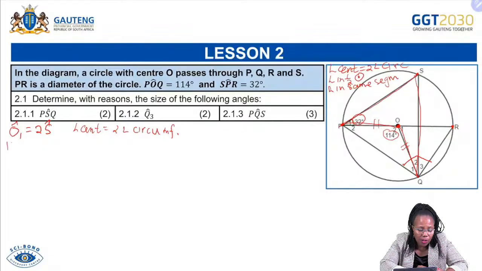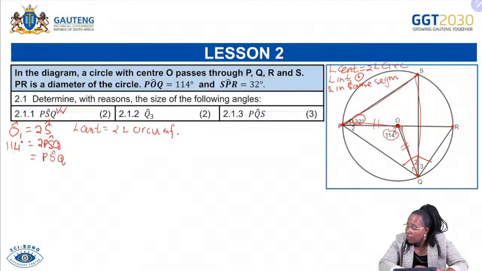Now how much is O1? 114 degrees equals twice angle PSQ. I'm just indicating the same as they've indicated there, but you can also use S because that is the only angle at S. Divide by 2 both sides, therefore PSQ will be how much now? 57 degrees, correct? So now we know this angle is 57 degrees. We have answered the first question. That means it will be for the value and for the reason there.